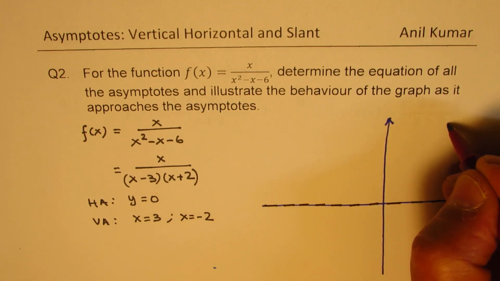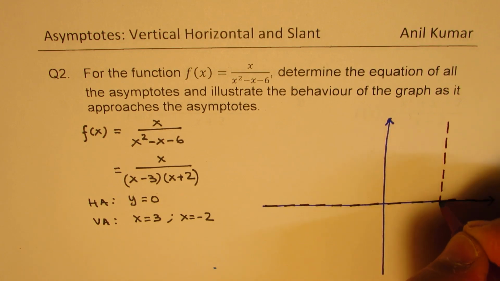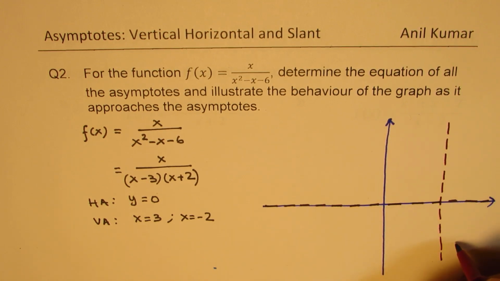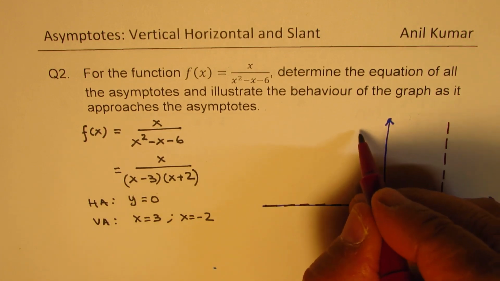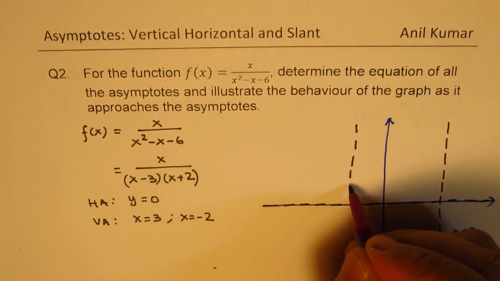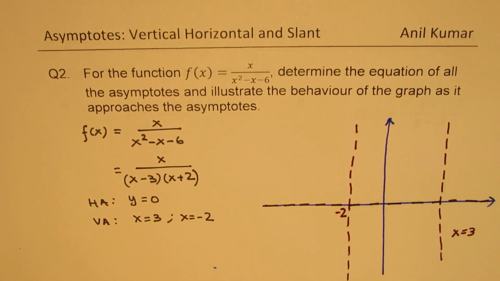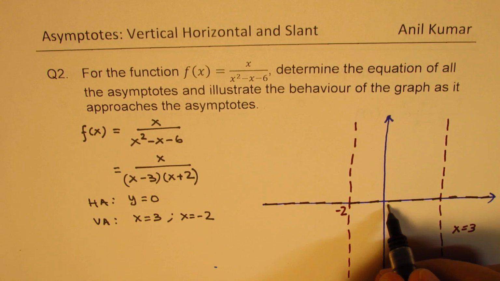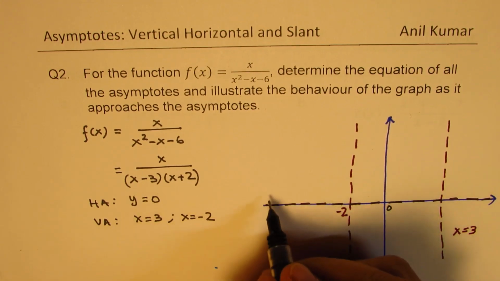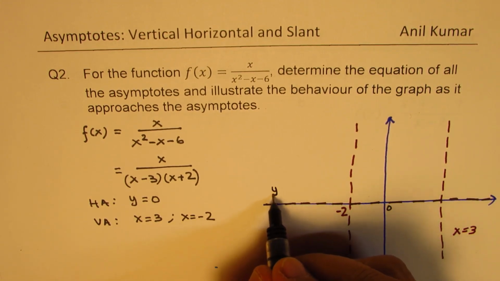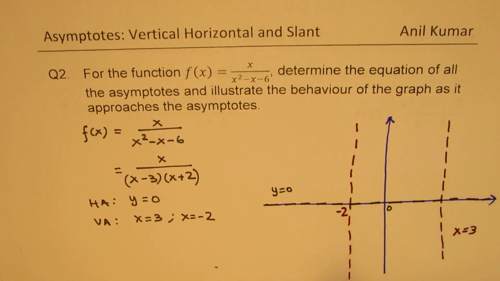So let's say this is 3 for us. So this is x equals 3, and then minus 2 is somewhere here. So this is at minus 2, correct? So these are the vertical asymptotes. So we have identified all the asymptotes. One is y equals 0, the x-axis, and these two vertical asymptotes.